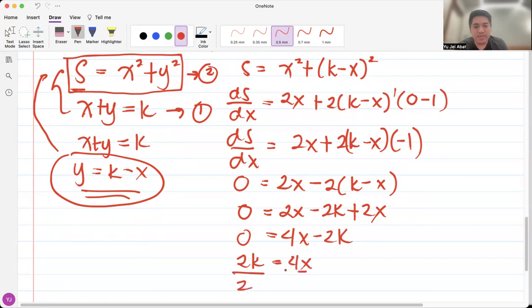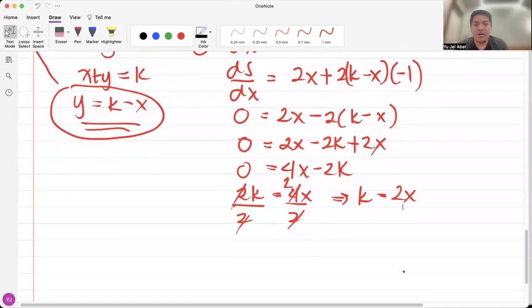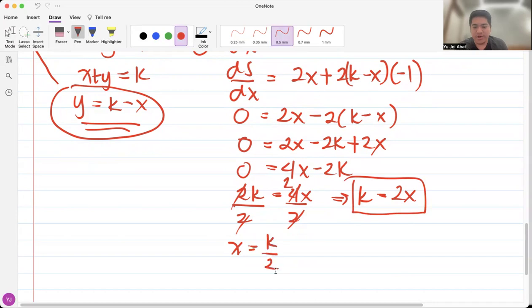Divide both sides by 2 and we have k equals 2x. We need to get the value of x because that's what we are after. So x will be k all over 2.